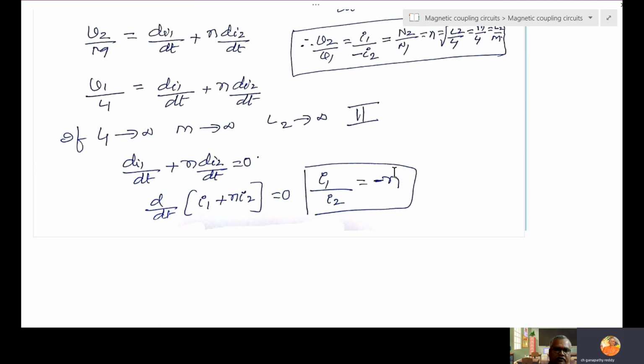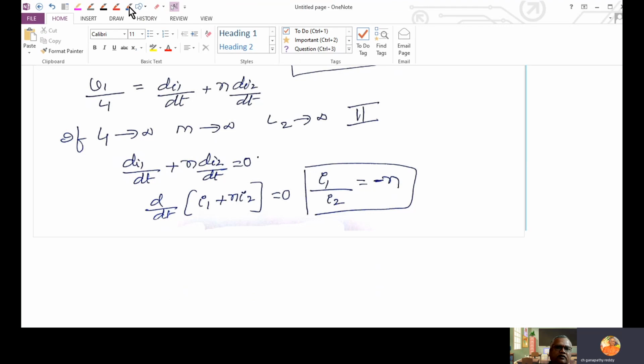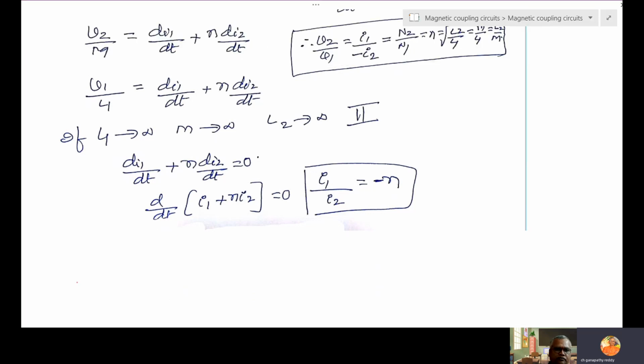So basically what we want to prove is this. For a transformer, V2 by V1 equals I1 by I2 equals N2 by N1 equals N. Up to this we know.